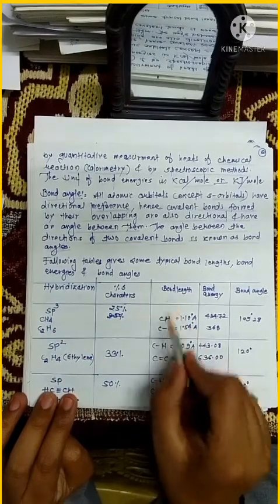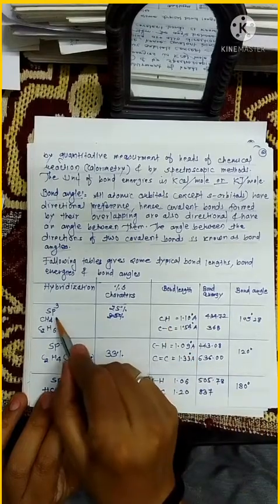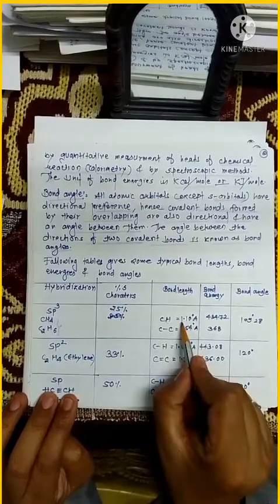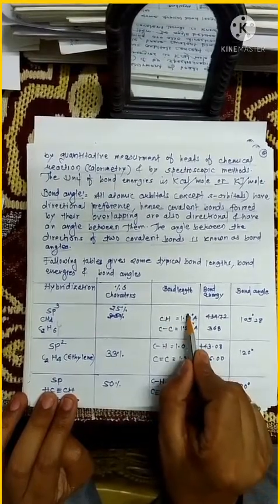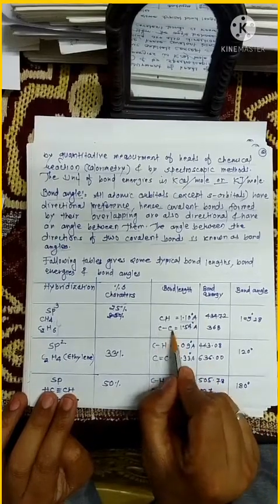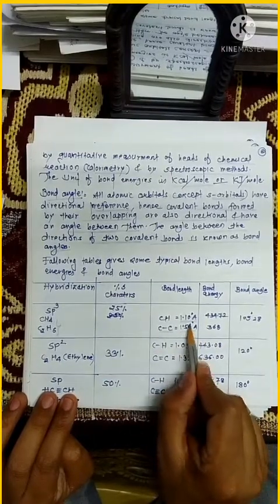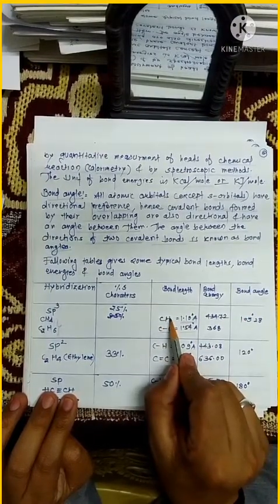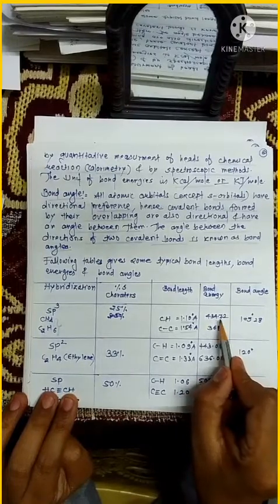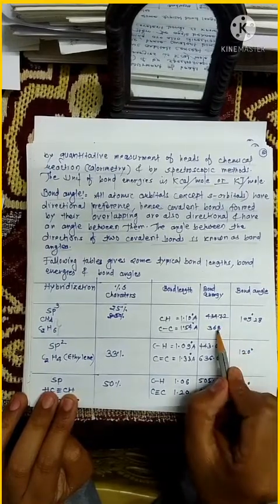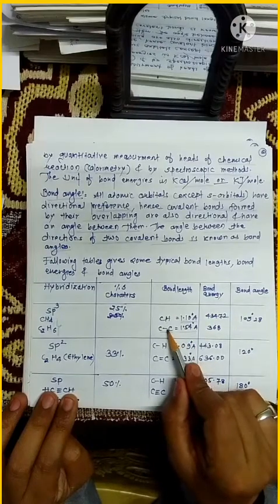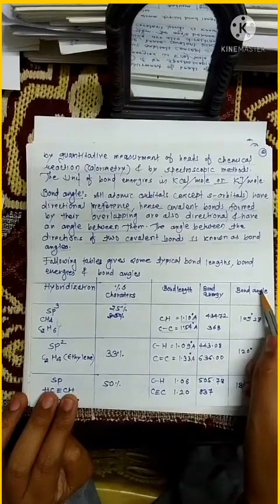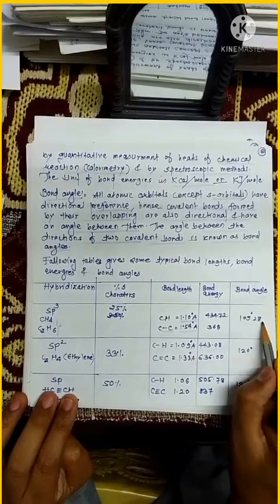The bond length in both these molecules between carbon and hydrogen is 1.10 Angstrom, while the carbon-carbon bond length is 1.54 Angstrom. Bond energy for the carbon-hydrogen bond is 434.72, while for the carbon-carbon bond it is 368. Bond angle is 109 degree 28 minute.